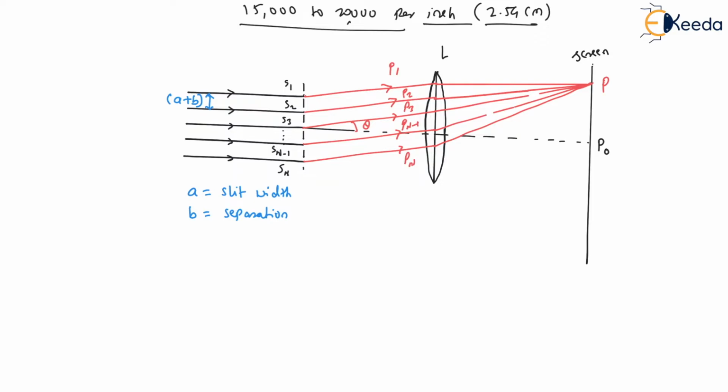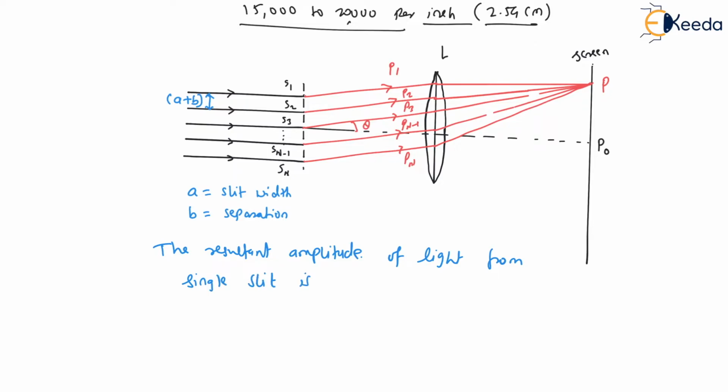So now we'll write the equations, first for the diffracted light. Here I write the resultant amplitude of light from a single slit, that is the diffracted light.